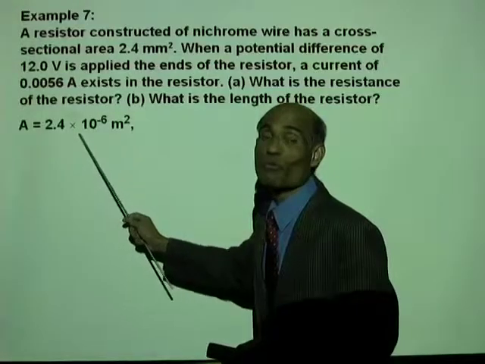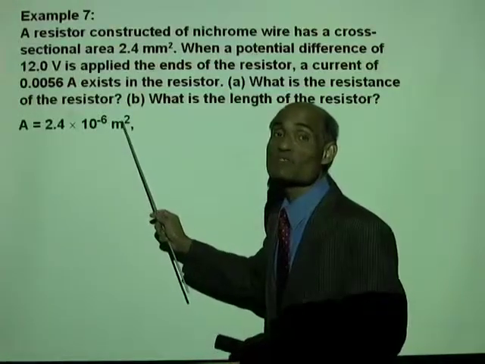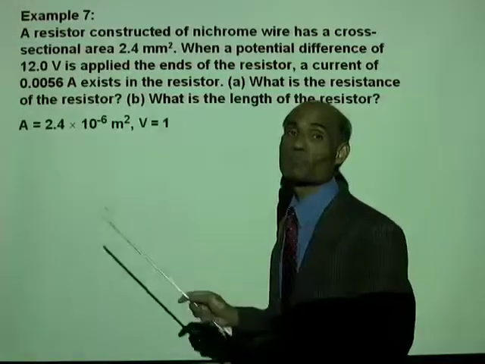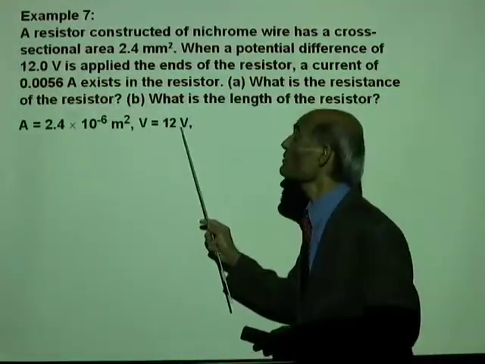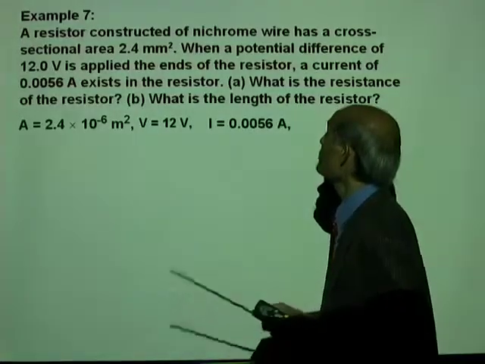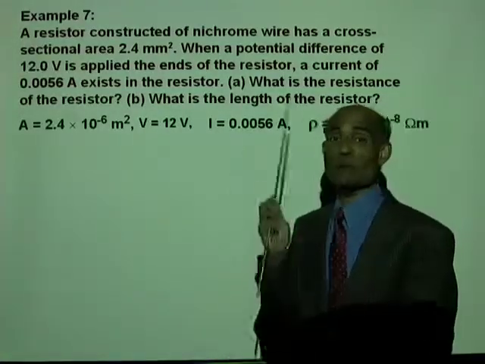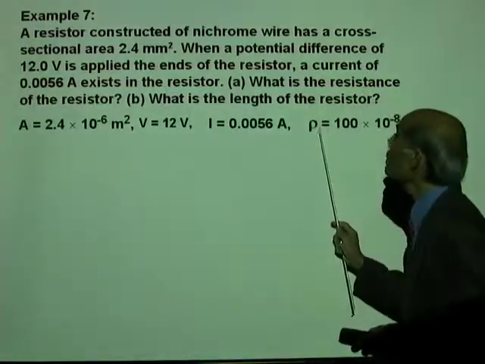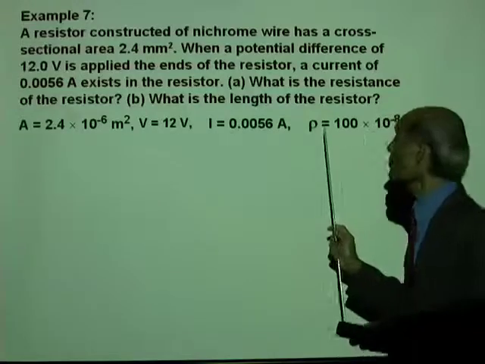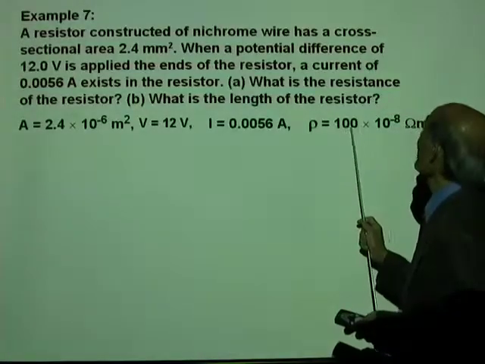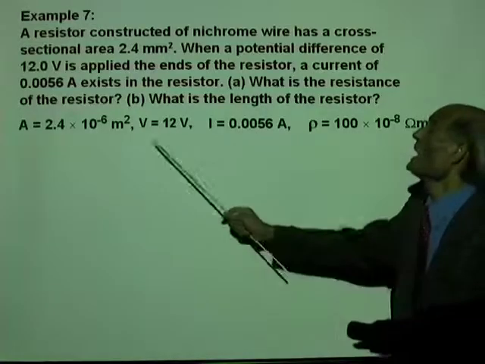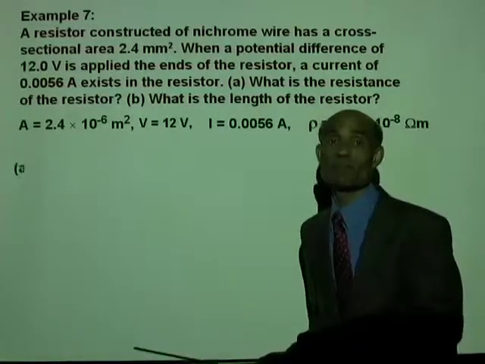That is 2.4 times 10 to the negative 6 meter square. I hope you understand that conversion. The potential difference is 12 volt and the current is 0.0056 ampere. The rho for nichrome, I picked it from the table. Rho for nichrome is 100 times 10 to the negative 8 ohm meter, and those are our data.